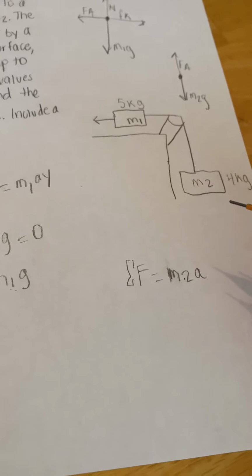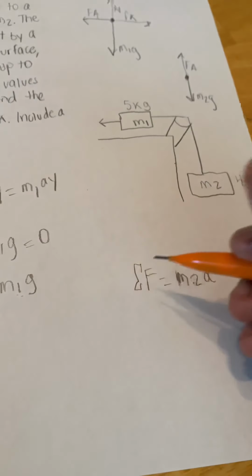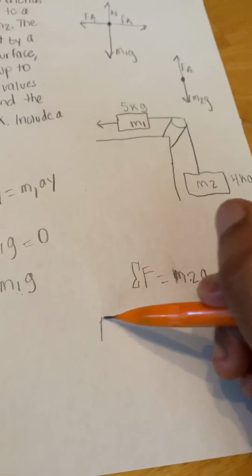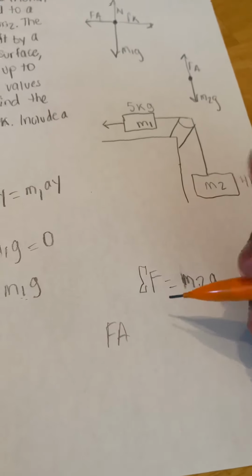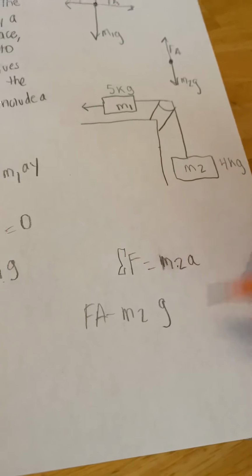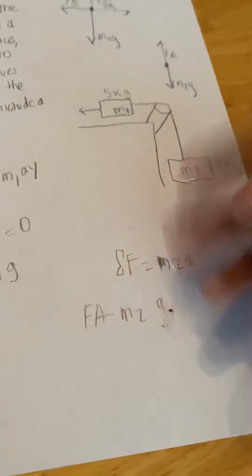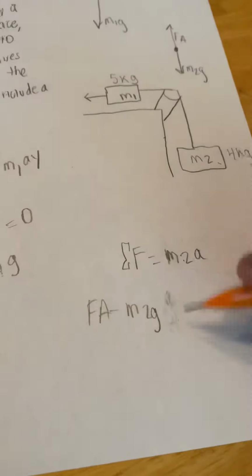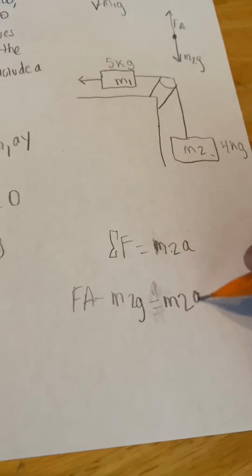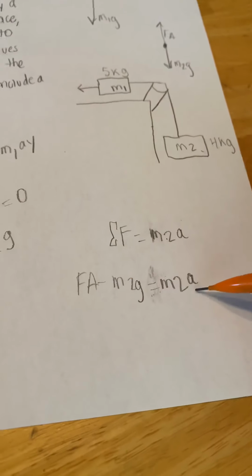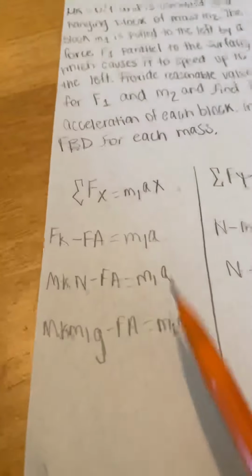So the sum of that would be, since Fa is going up and M2g is going down, Fa will be positive, so Fa minus M2g, since it's going downward, equals M2a. So we can combine what we found here for our second free body diagram with the equation that we got from our first free body diagram.